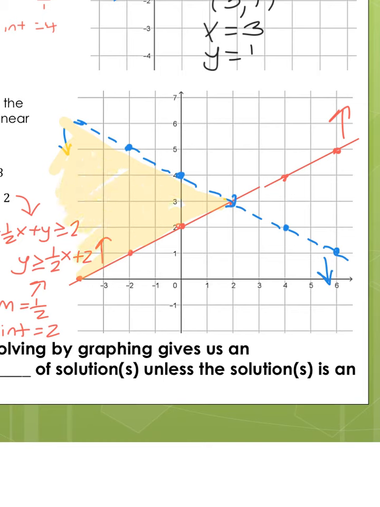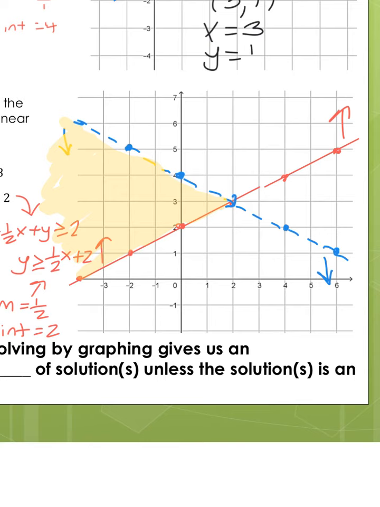So everywhere in this yellow is going to be a solution, and that yellow is going on infinitely towards the left. Now, any point in that yellow region is a solution. However, no points on this dashed line are a solution, since that's an open circle. Every point on this red right here, up until and including that intersection, is also a solution.